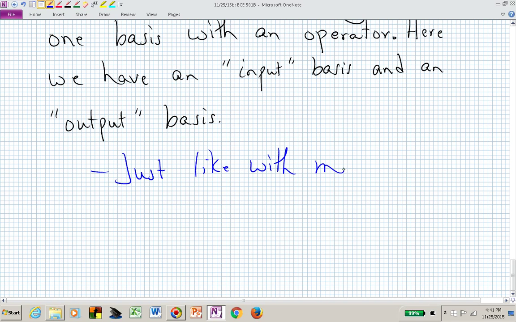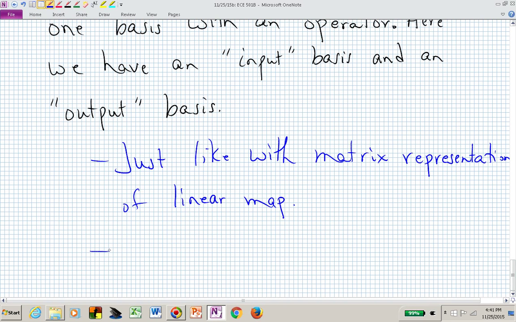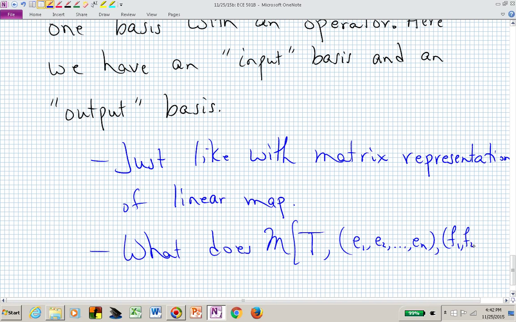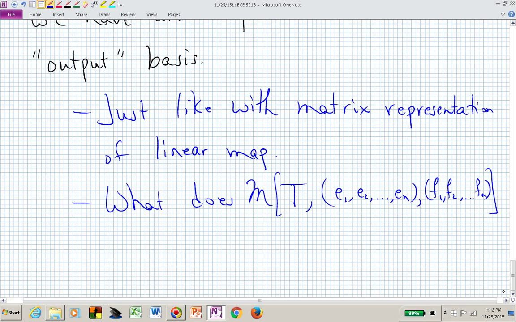Just like with matrix representation of a linear map, we can sort of think of this matrix representation of T on the input basis, E1, E2, E sub n, and the output basis in the F's.